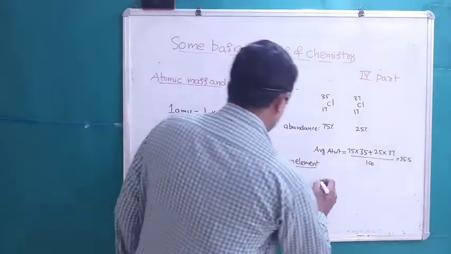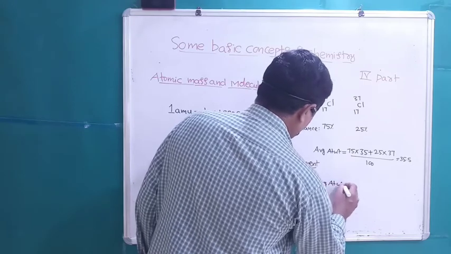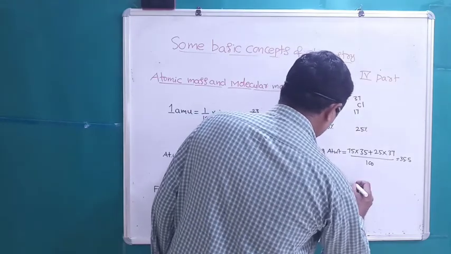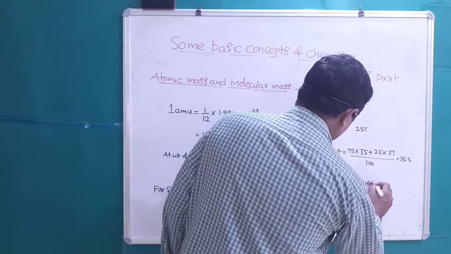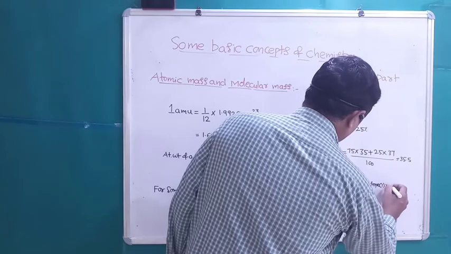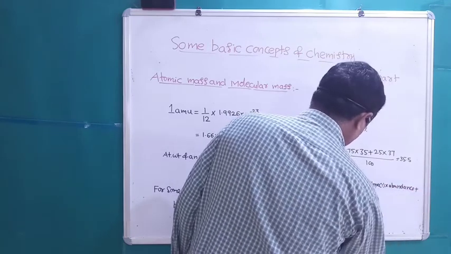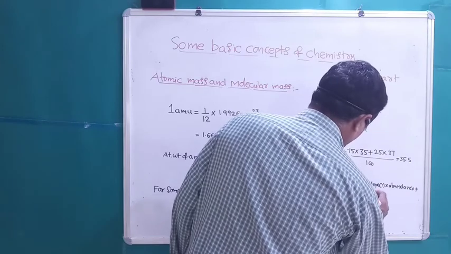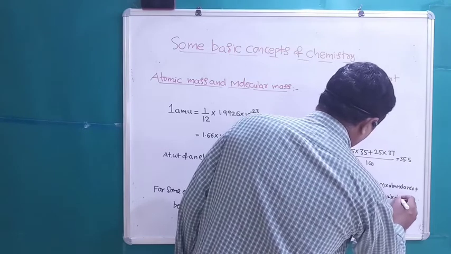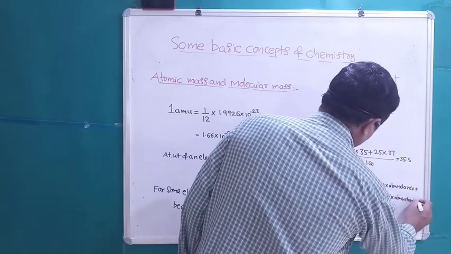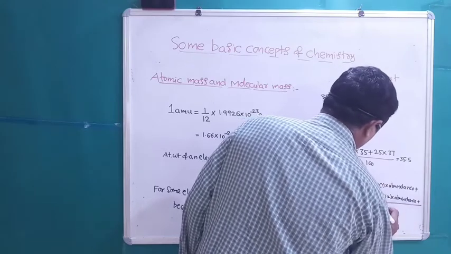So the general formula for average atomic weight: average atomic weight is the mass of isotope 1 multiplied by its abundance, plus the mass of isotope 2 into its abundance, and so on if it exists in more than two isotopic forms, divided by 100.